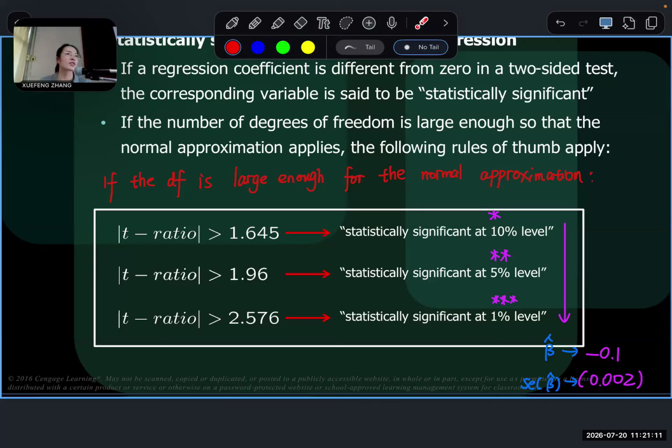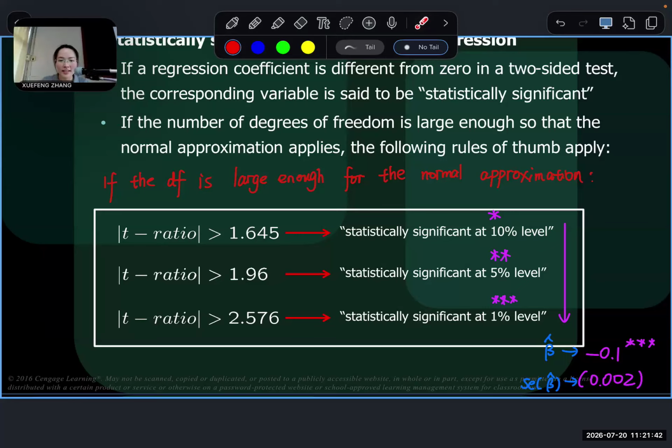This is just for my example, okay? Basically, this is very different from 0, okay? So you're gonna see that they put a 3-star here. What does it mean? That means this estimate, okay, the coefficient of that x is statistically significant even at the 1% level, all right? So right now, I hope you can read the economic paper.